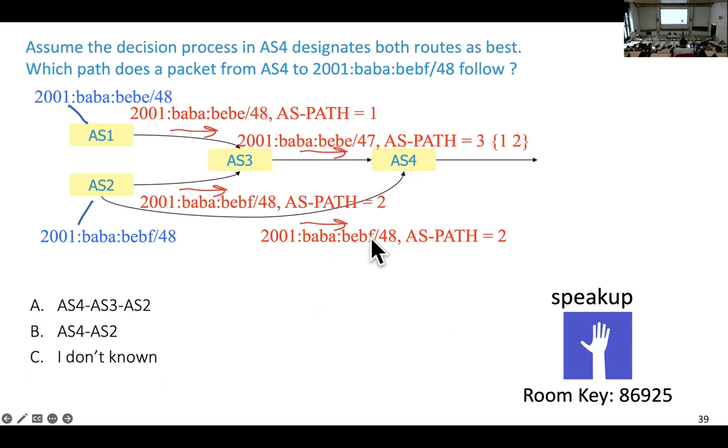Now the next question: if AS4 receives some packets where the destination is in this network prefix, which path will this traffic follow? It will go through AS2 directly, or it will go first through AS3 and then AS2. I've opened the poll.